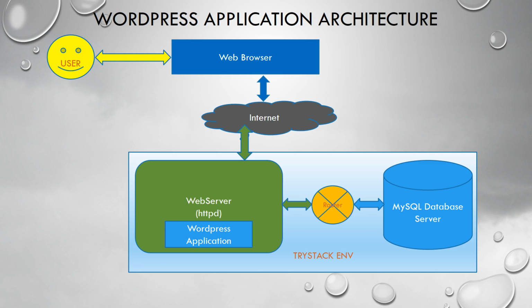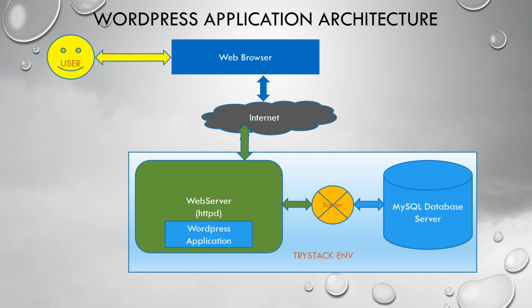Well, I have just created this WordPress application architecture on Trystack. Here, if you see, I have a three-tier application, and I have a MySQL database server, and I am running a web server, and there is a browser component as well.